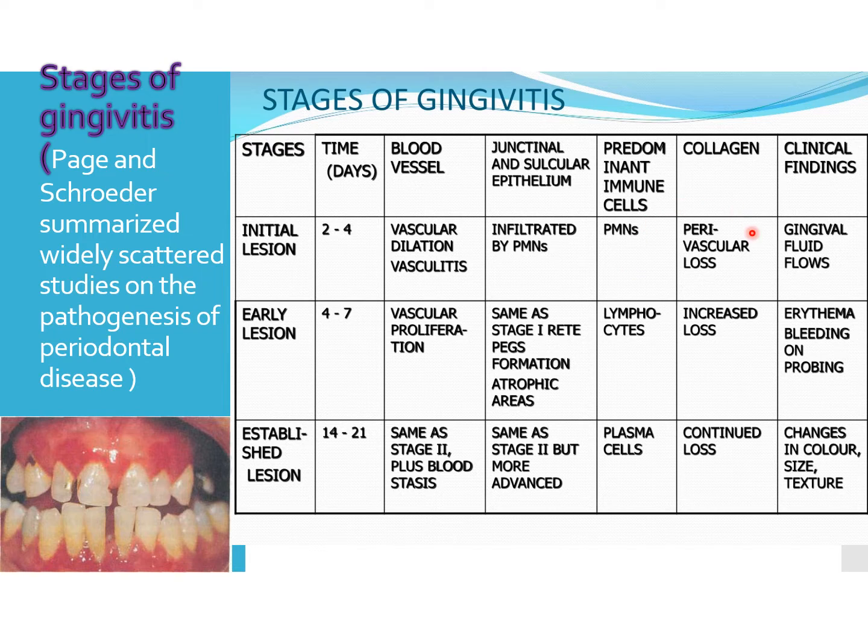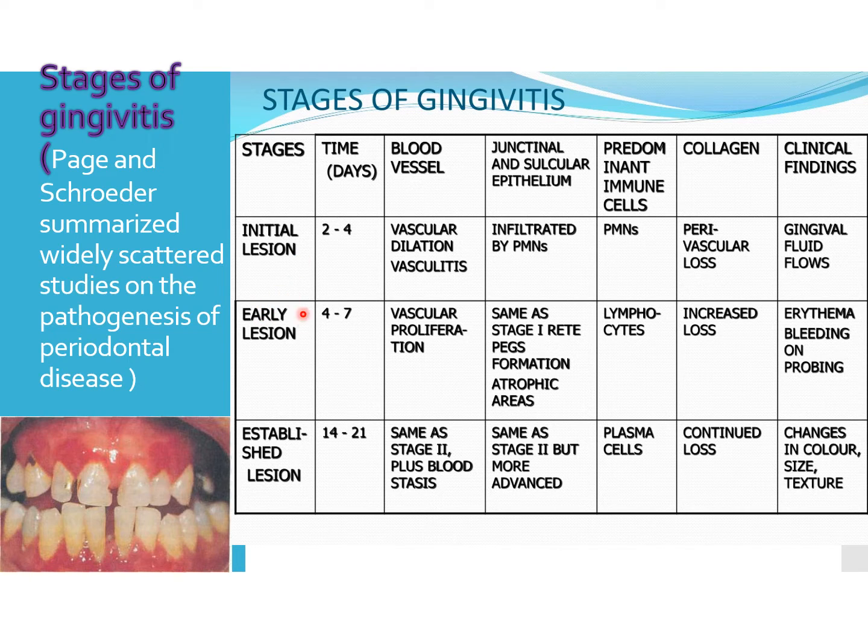Perivascular collagen loss will be there, and the clinical finding will be gingival fluid flow. Gingival fluid flow or bleeding on probing is the earliest sign of gingivitis. This gingival fluid flow cannot be seen clinically, so this is called subclinical gingivitis. So the initial lesion is otherwise called subclinical gingivitis.